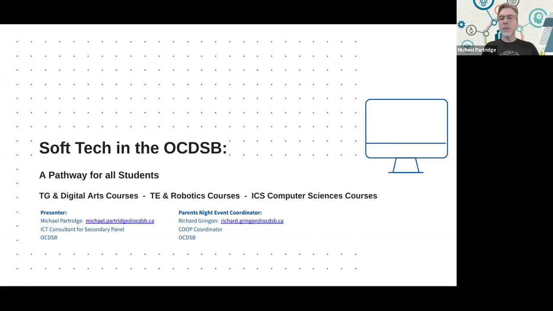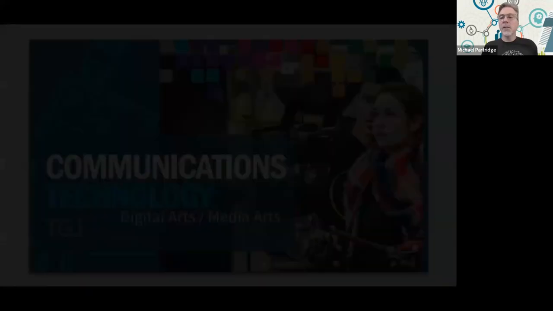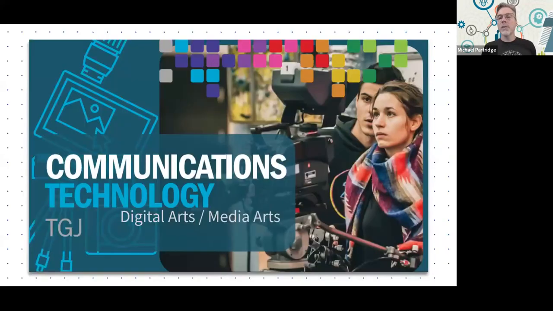So I'll go through a couple of different types of things that you'll be learning in these courses. The first category, TGJ, so those are communication, digital arts, media arts. They're creative courses where you're using computers and cameras and peripherals to create digital messaging, influencing your viewer.